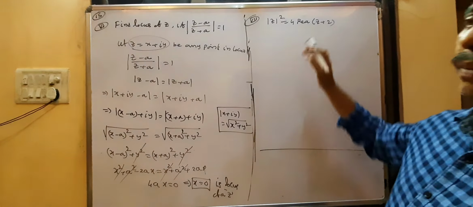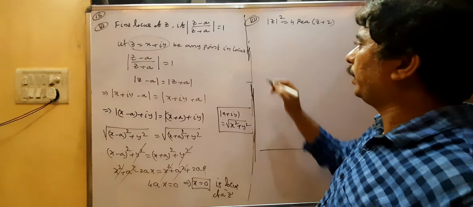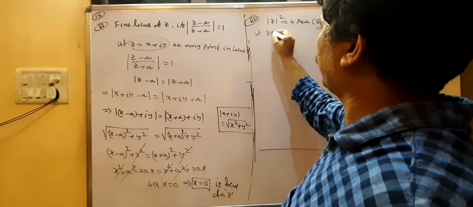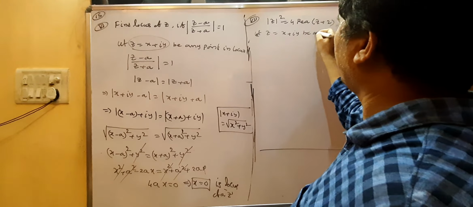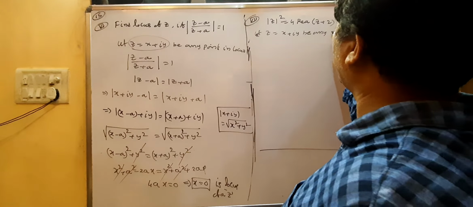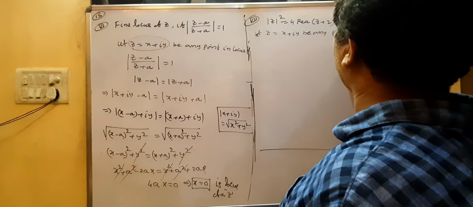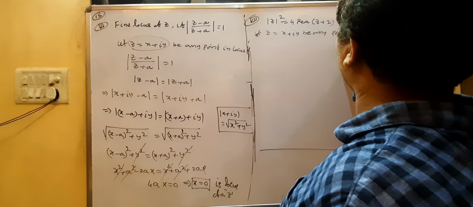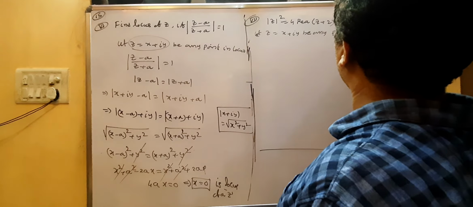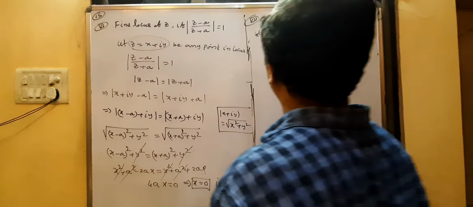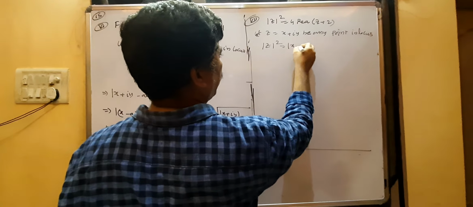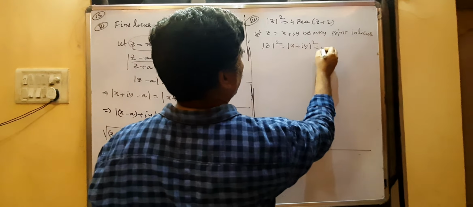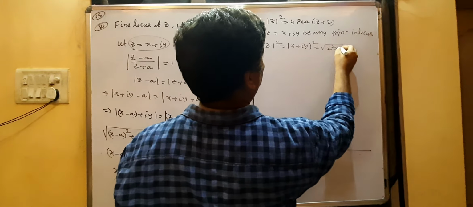Next one. Z is x plus iy, you have to find. Let z equal to x plus iy be any point in the locus. Mod z square, the left hand side value you have to find: that is mod of x plus iy whole square, root of x square plus y square whole square.